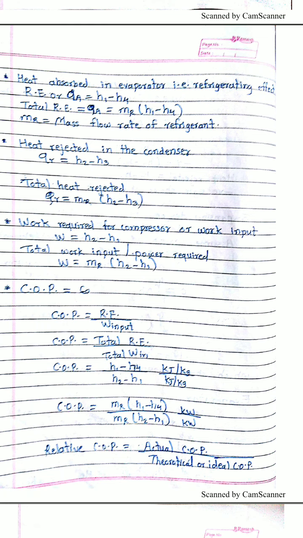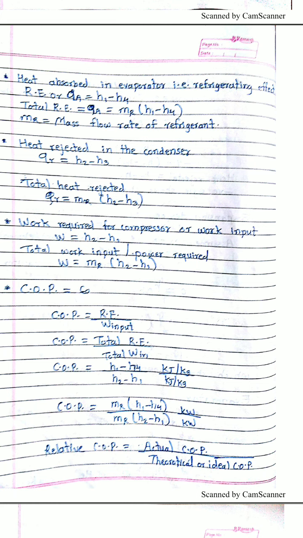COP is equal to MR into (H1 minus H4) divided by MR into (H2 minus H1). In some cases, the mass flow rate of refrigerant for the evaporator and the compressor is the same. At that time you can directly use the formula COP is equal to H1 minus H4 divided by H2 minus H1, because the mass flow rate is the same.